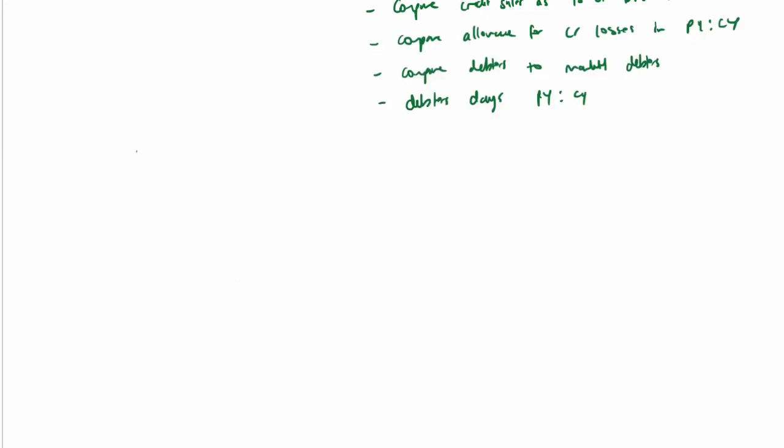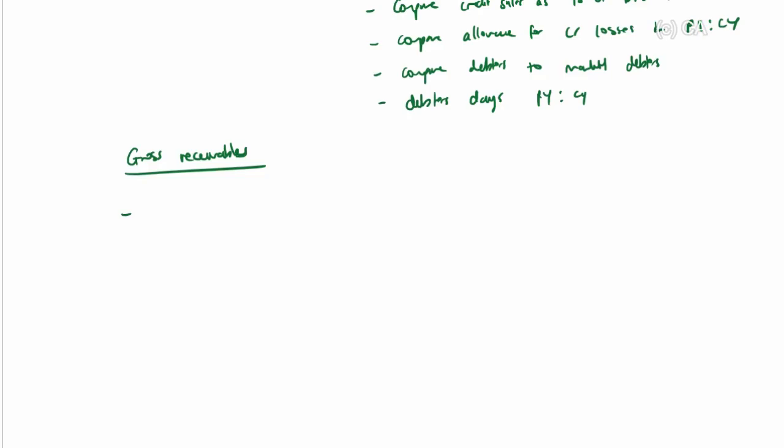So for my gross, I normally just do the audit of the recon, the debtors ledger to the general ledger. But I've done that as part of my general procedures. I've gone and got the closing balance, I've got the opening balance, I've matched them to the general ledger, so there's no need for me to redo a recon. So all I'm going to do is test some of the debtors' closing balances by looking at what it's made up of.